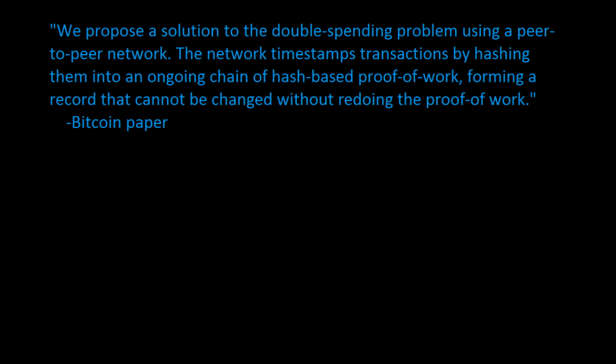So it's proposed that the network timestamps and logs transactions and their occurrences by hashing them into an ongoing ledger, which you'll hear called quite often a hash-based proof of work ledger, which can't be changed without redoing that proof of work.